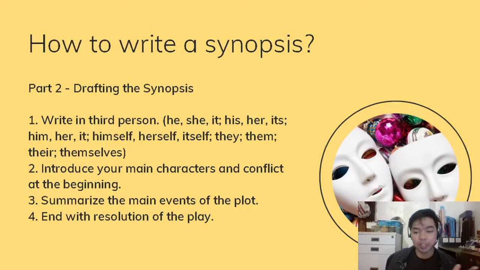So it's really important that you include the main characters and the conflict in the story at the beginning of your synopsis. Okay? And again, it's also important to summarize the main events of the plot and end with the resolution of the play.